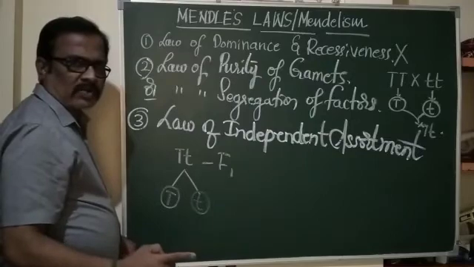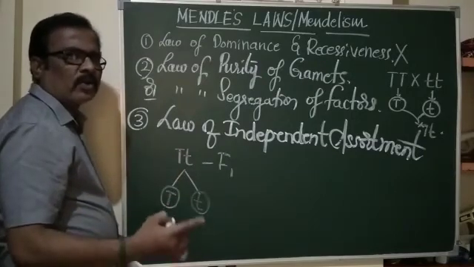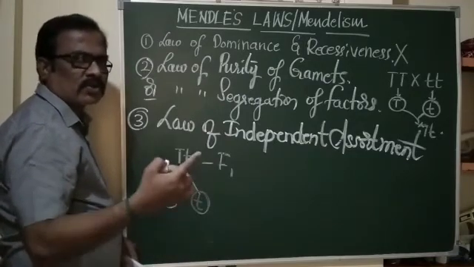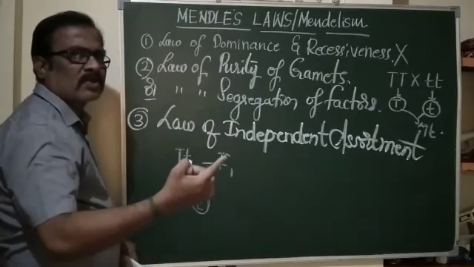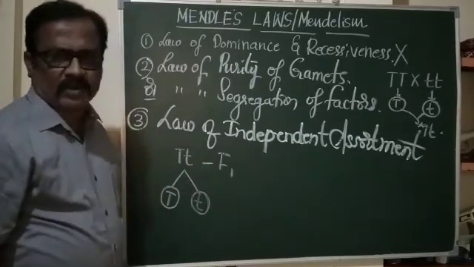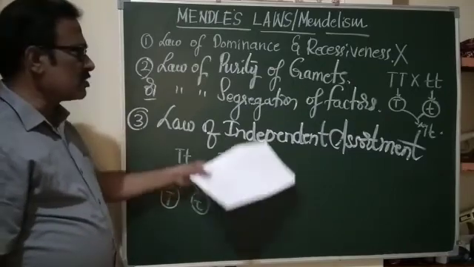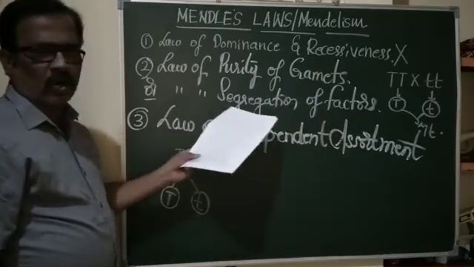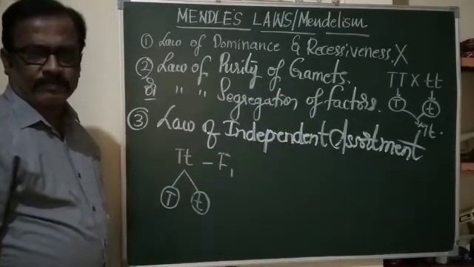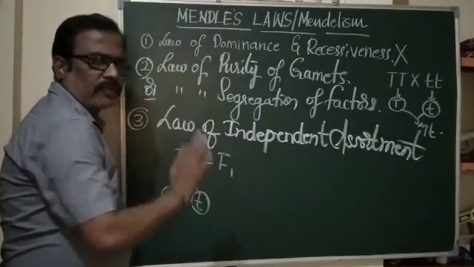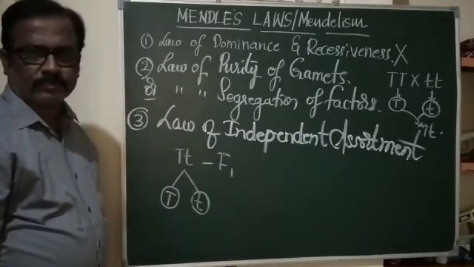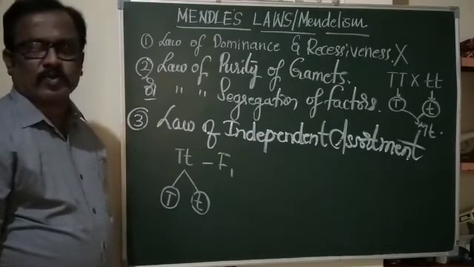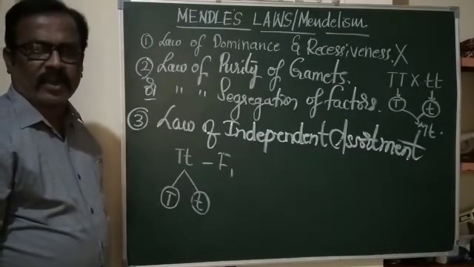So the statement is: when a pair of contrasting characters are brought together in a hybrid, during gamete formation from that hybrid, each character or each trait segregates or separates, enters into a particular gamete, so that the gamete is pure for that character or for that trait. This is the law of purity of gametes or law of segregation of factors. And the next one, law of independent assortment. This is completely based on the results of dihybrid cross.